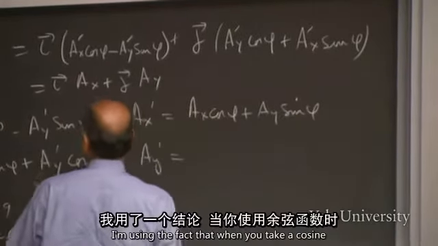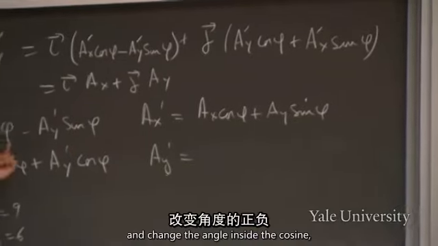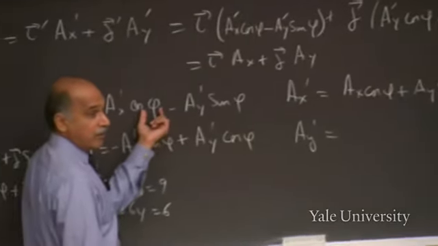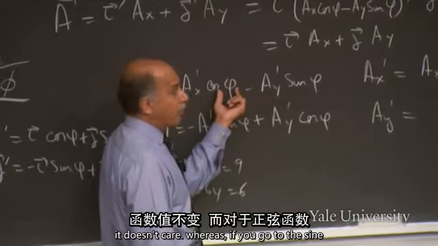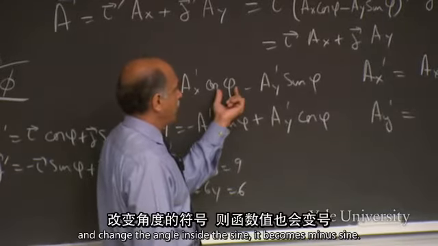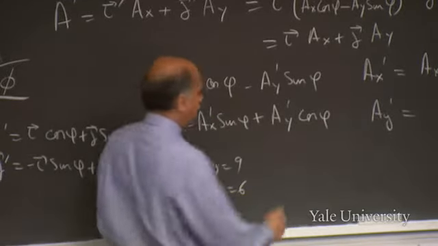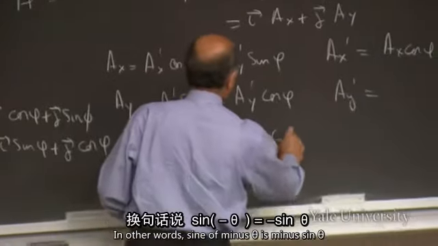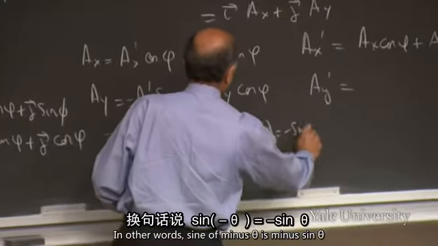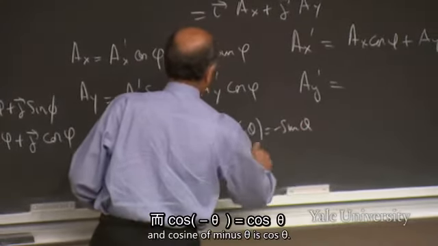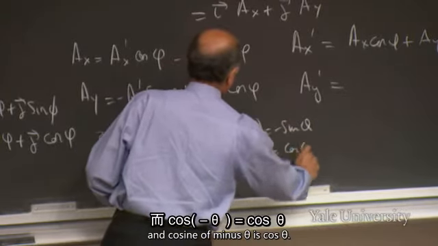I'm using the fact that when you take a cosine and change the angle inside the cosine, it doesn't care. Whereas if you go to the sine and change the angle inside the sine, it becomes minus sine. In other words, sine of minus theta is minus sine theta, and cosine of minus theta is cosine theta.